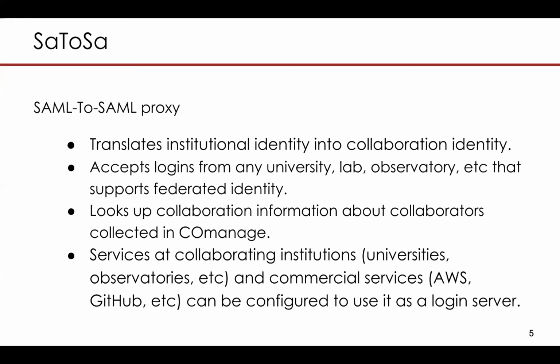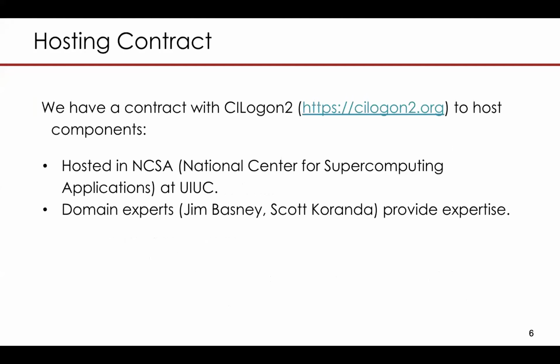A lot of commercial services such as Amazon Web Services or GitHub can easily be configured to use these as a login server. In fact, the instance that we have right now is already doing this for the AWS instance that we'll see in the next section of the presentation, I believe. The actual infrastructure that we use, we are not running ourselves.